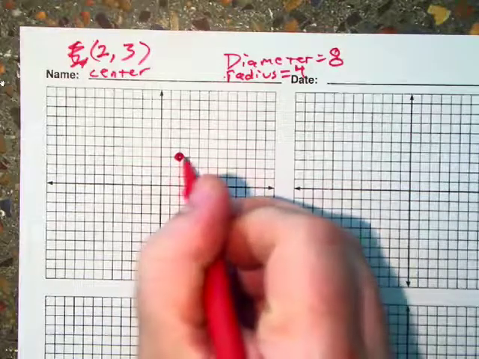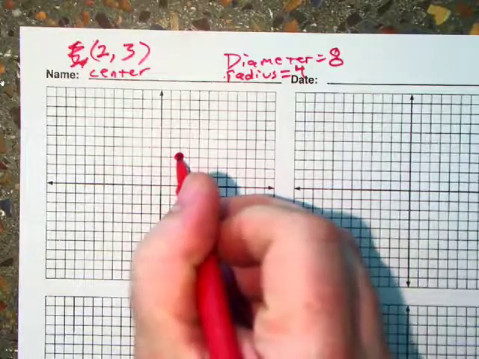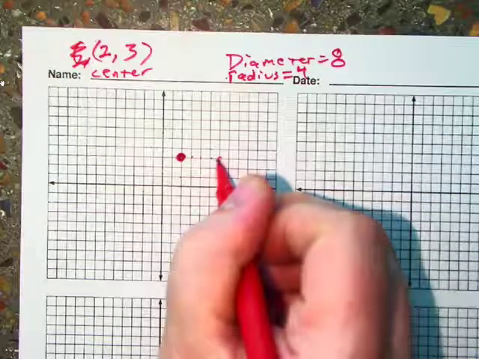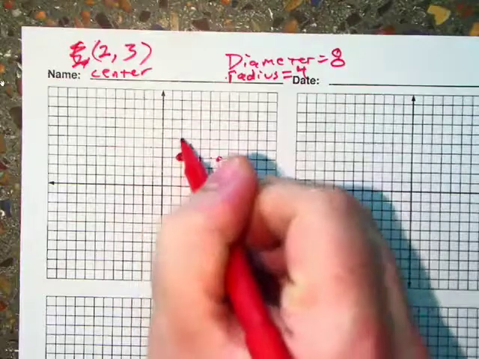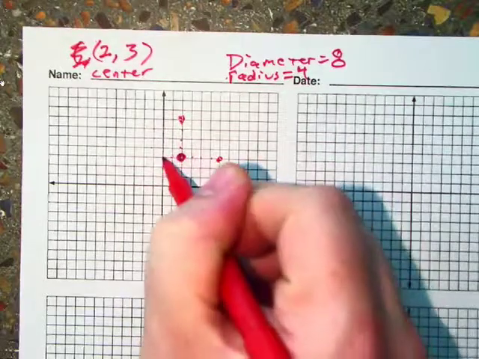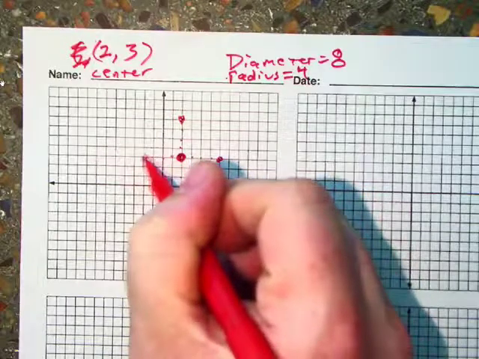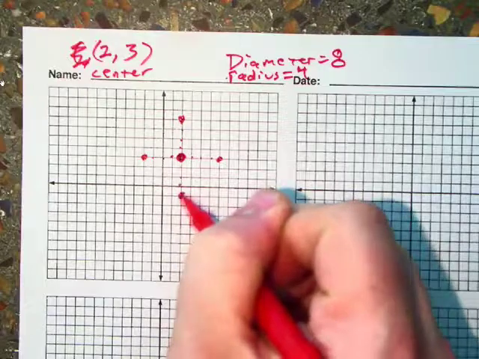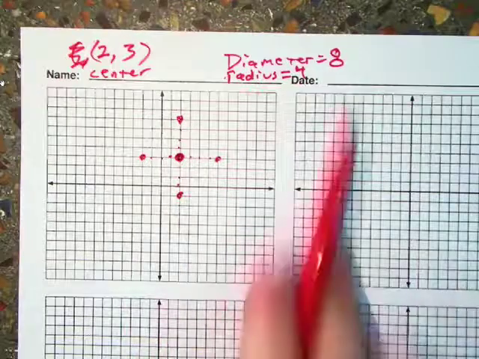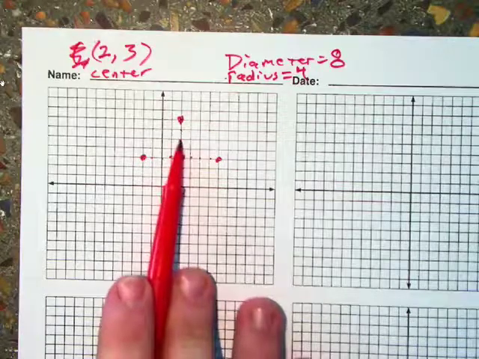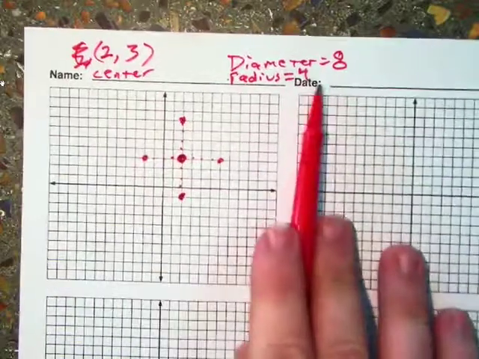Radius is only half of it, from the center to the outside. So 1, 2, 3, 4 in each direction, like spokes. If you count the diameter, it's 8, but we only needed the radius.